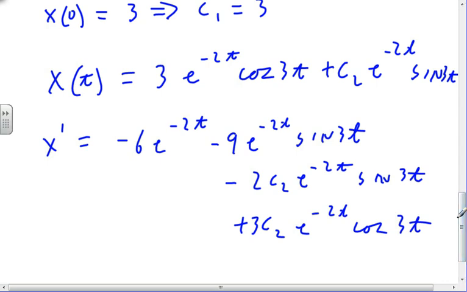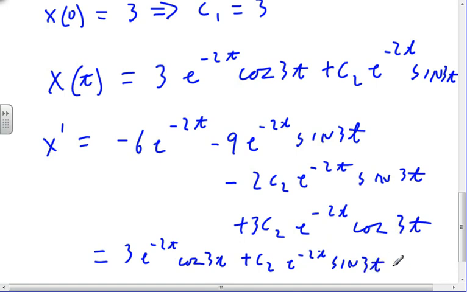Now x prime is equal to x plus 9y, this is going to be equal to x, 3 e to the minus 2t cosine 3t plus c2 e to the minus 2t sine 3t plus 9y.